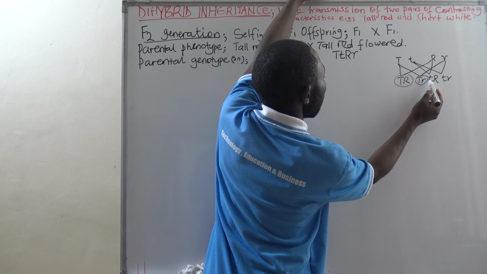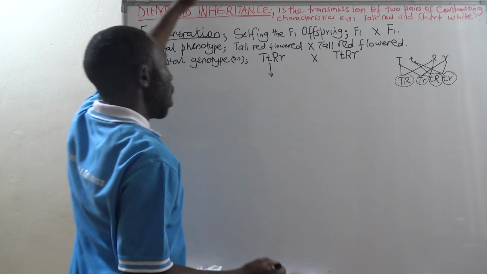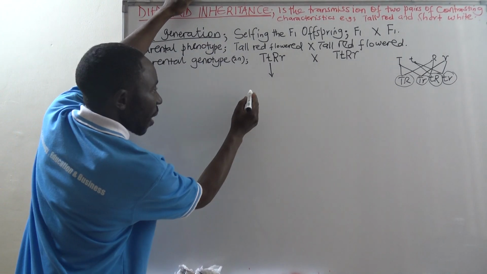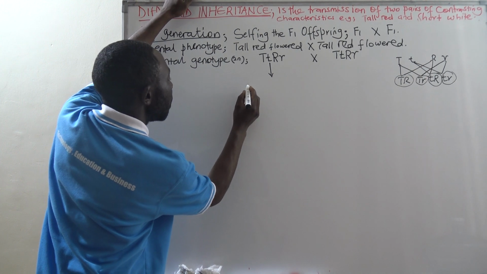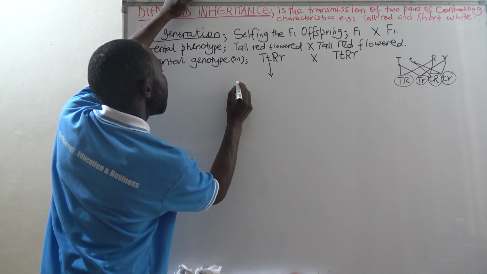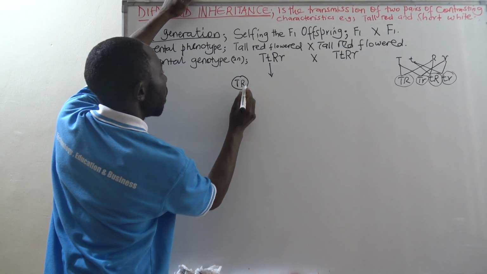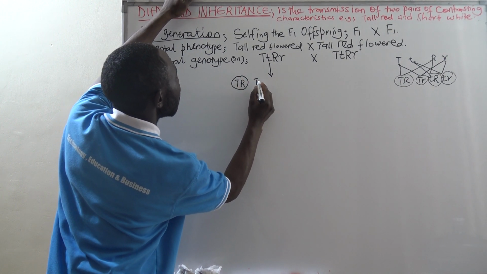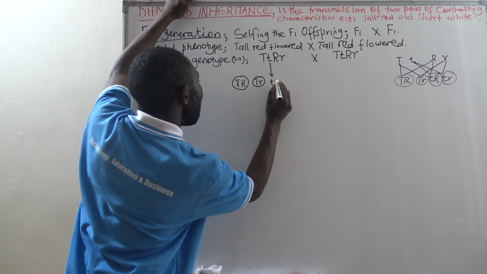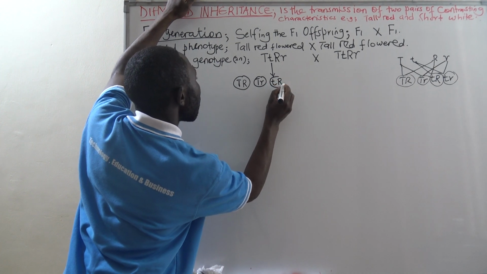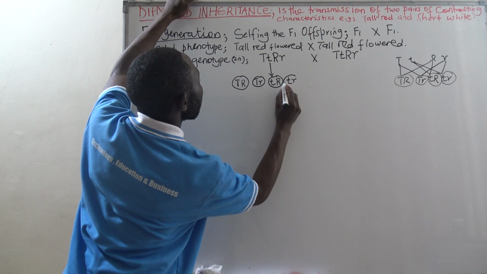This will give us T r as shown on the board, such that the possible allele combinations in the gametes will be capital T capital R, capital T small r, small t capital R, and small t small r.